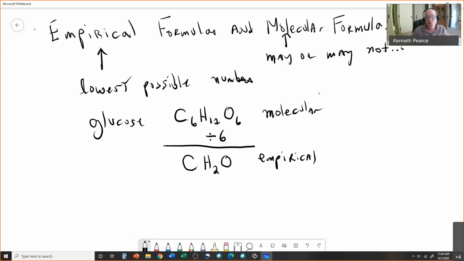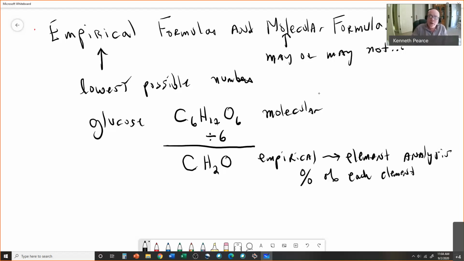Now, how do you find these? Well, you can find molecular formulas and empirical formulas experimentally, okay? An empirical formula usually comes from elemental analysis. And in that case, you get percents of each element, okay?